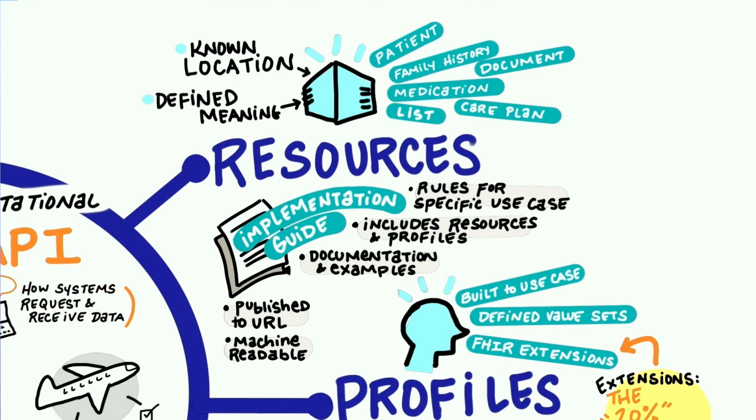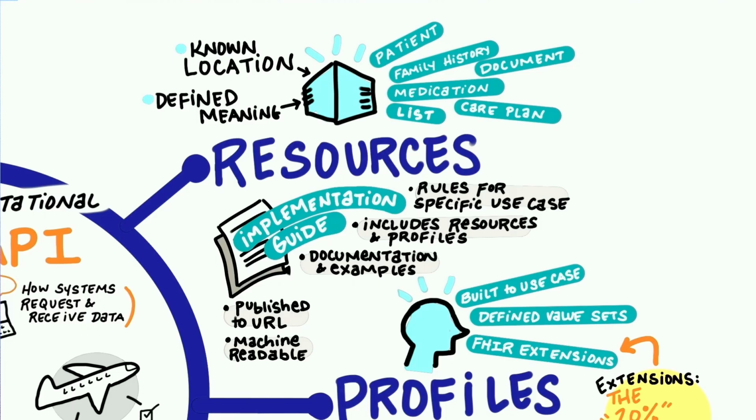So FHIR implementation guides get published as a set of web pages, you might say. Not web pages for people to read, web pages for computer servers to ingest and understand that data.